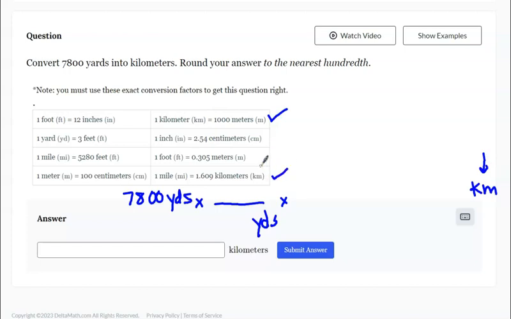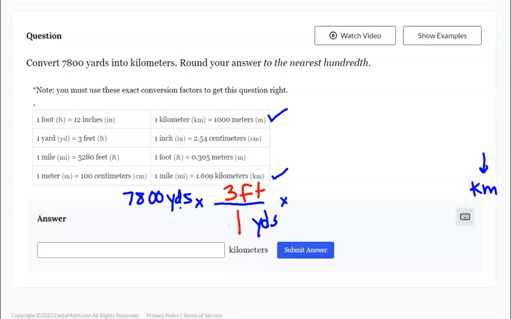So I either have to get to meters or miles. I think I'm going to go to miles because these are customary units. So I'm going to go from yards to feet. There's 3 feet every 1 yard.